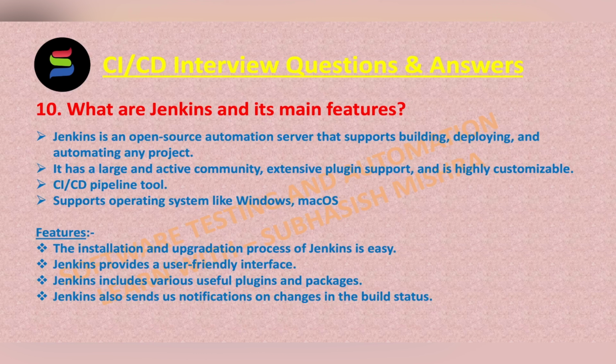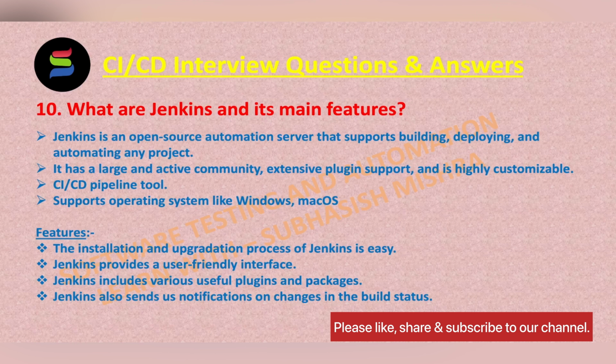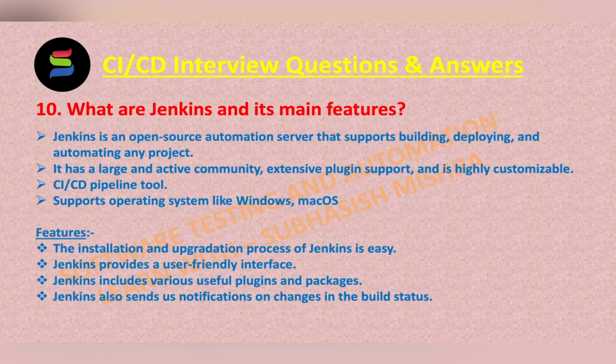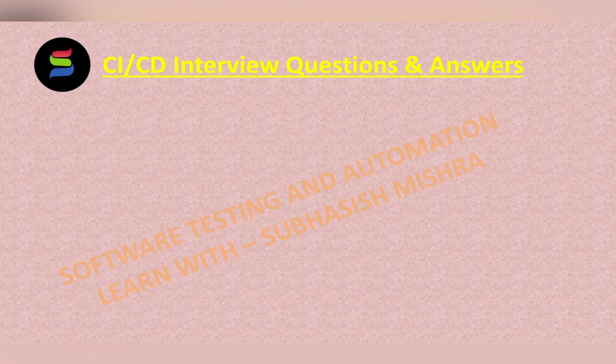There are various key features like the installation and upgrade process of Jenkins is easy. Jenkins provides a user-friendly interface. Jenkins includes various useful plugins and packages. Jenkins also sends us notification on changes in the build status. We will move to the next question.